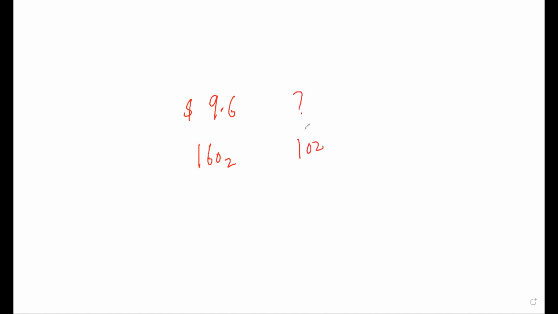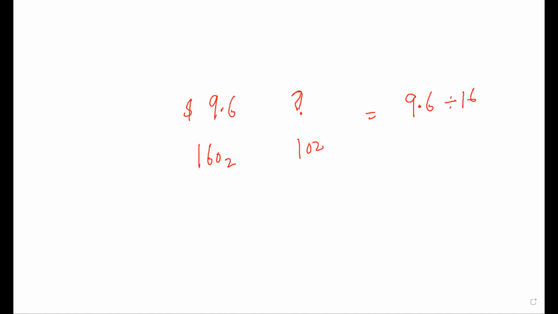Where is the question mark? Here. Wherever you see the question, ask yourself, $9.60 is 16 ounces, so 1 ounce is how much? What are you going to do? You are just going to divide 9.6 divided by 16. That's it.